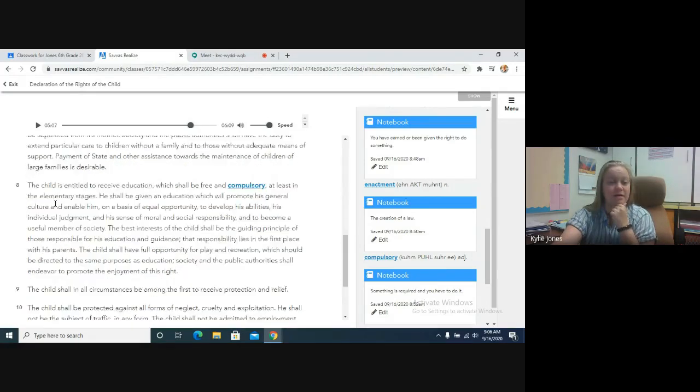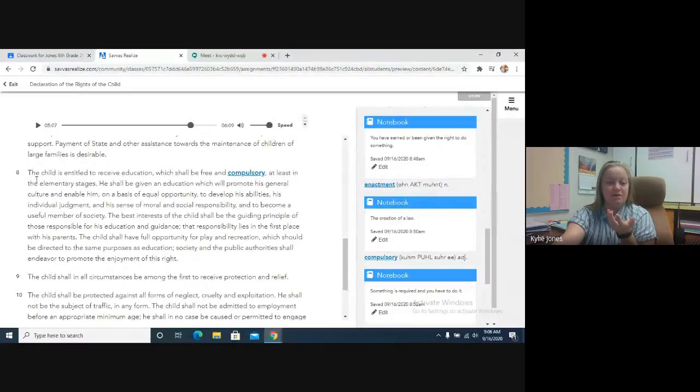Number 8 here is about education. This one applies to you guys a lot at this point. You guys are in elementary school, which means that you are required to come to school. It is a law. If you don't come to school, they go talk to your parents basically and are like, why is your kid not here?